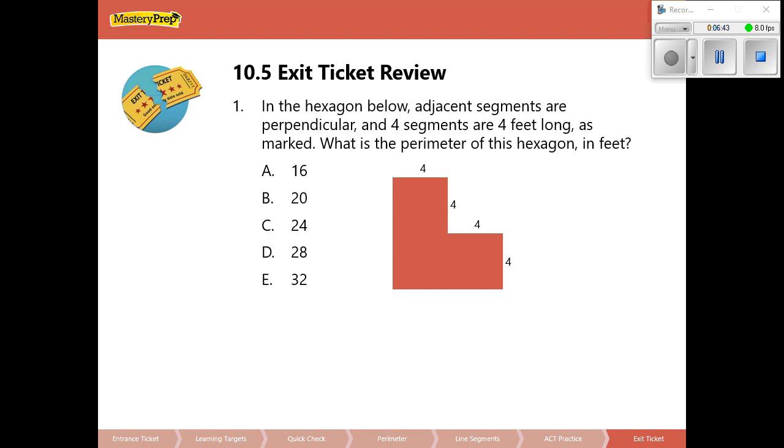Hexagon below. Adjacent segments are perpendicular. That just means they make a right angle. And 4 segments are 4 feet long as marked. So we've got 1, 2, 3, 4 segments that are 4 feet long. What is the perimeter of this hexagon in feet? So what would this be here?